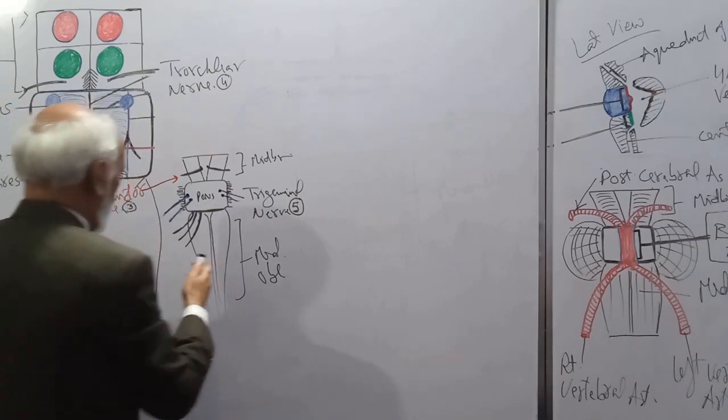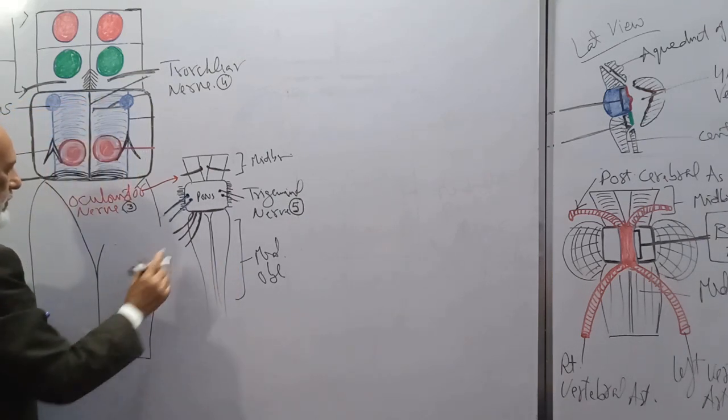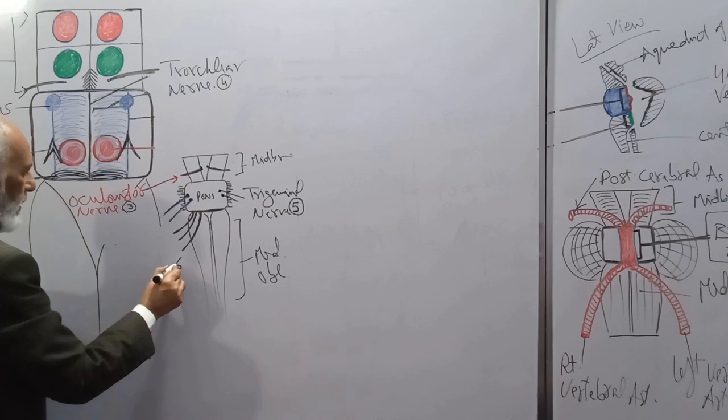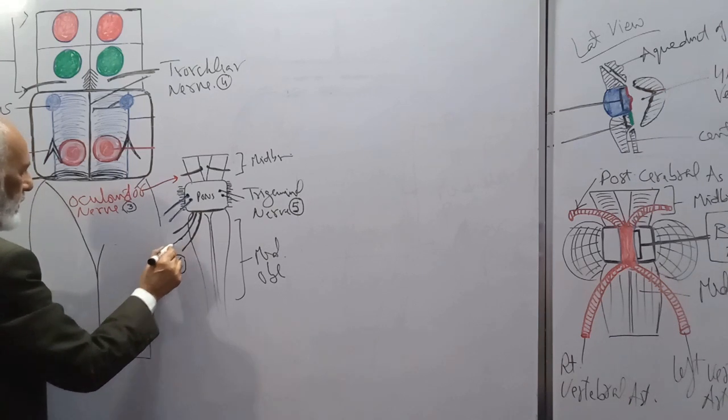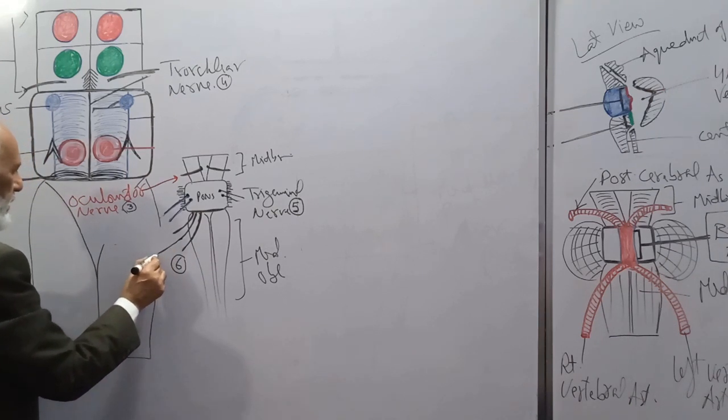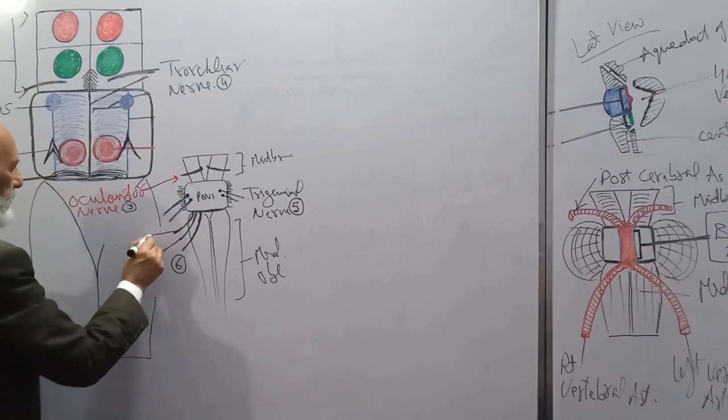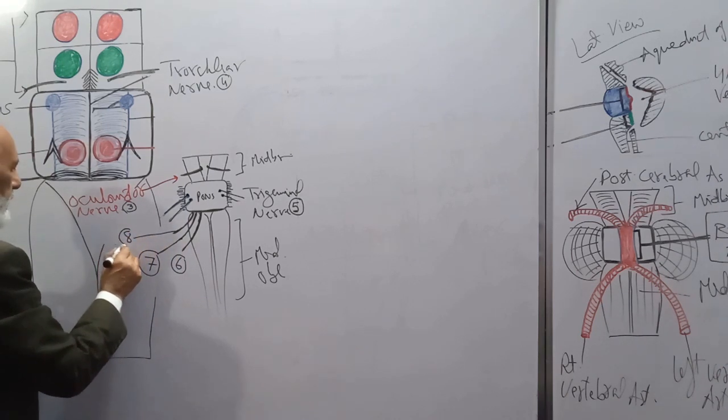At the pontomedullary junction, this is the sixth cranial nerve. Then this is the seventh cranial nerve, and this is the eighth cranial nerve.